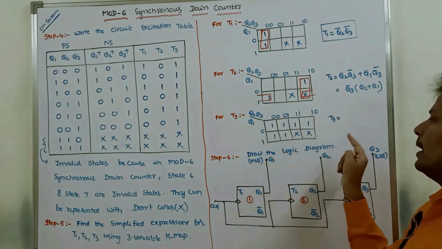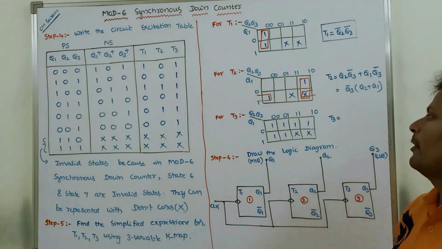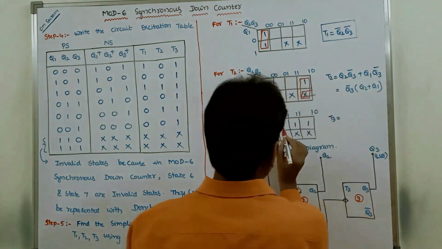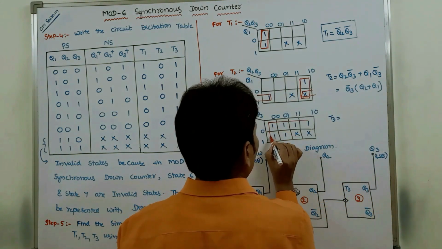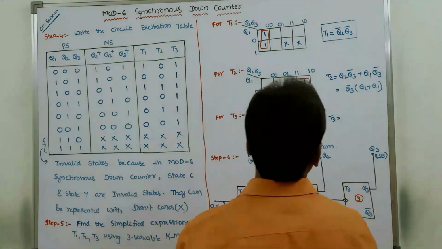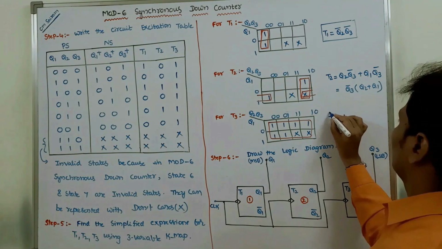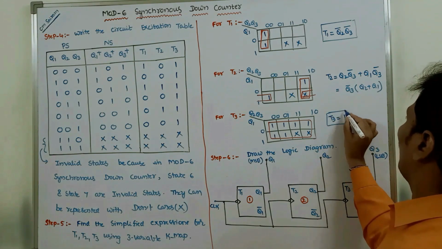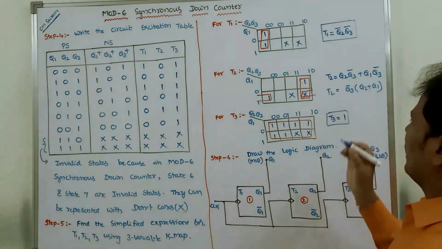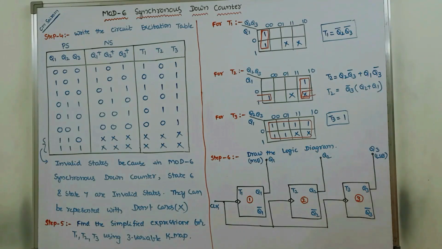Whenever the three variable Karnaugh map is filled with ones and don't cares, simply we have to write T3 is equal to 1. So T3 is equal to 1. So these are the simplified expressions for T1, T2, T3.